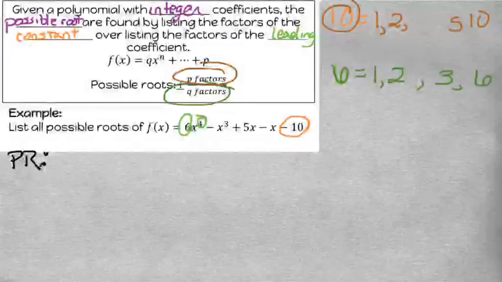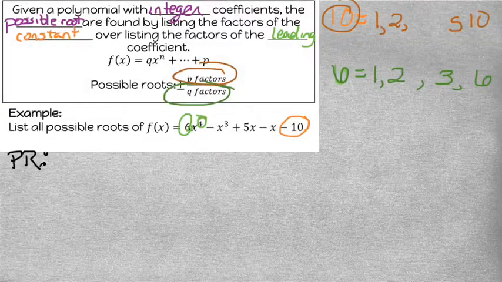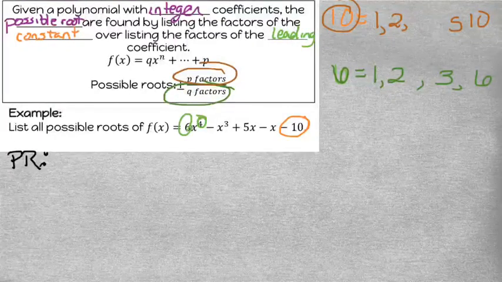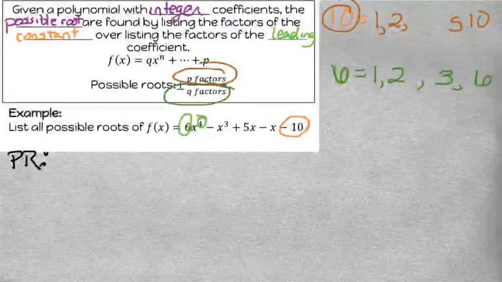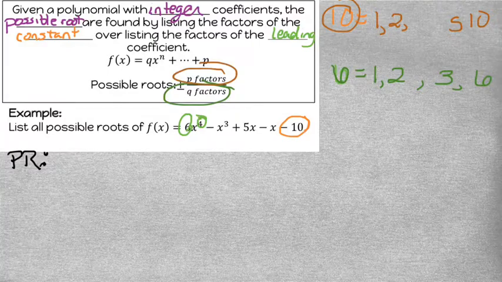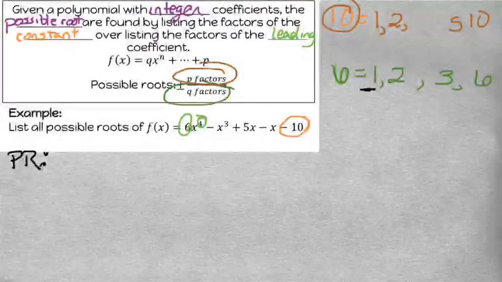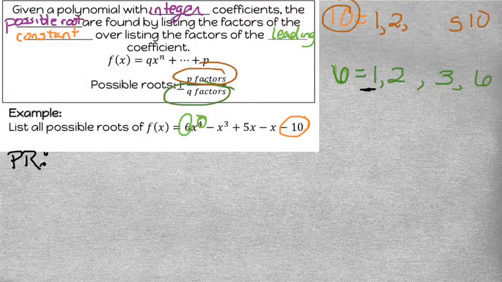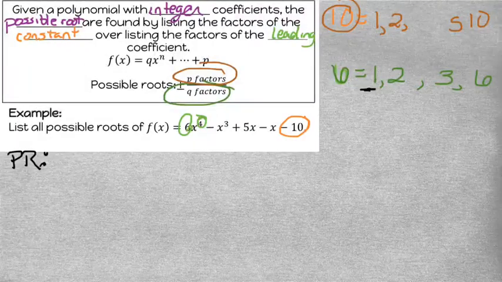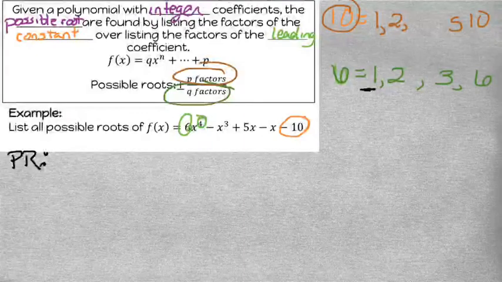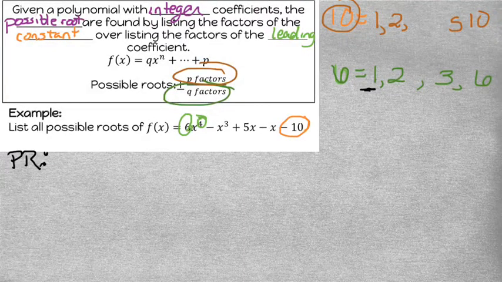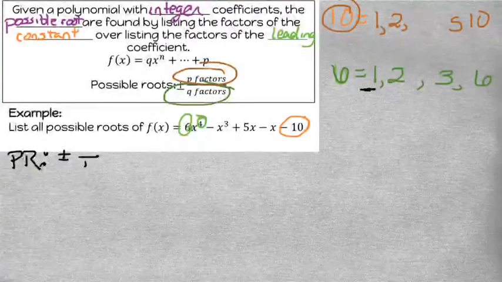And what I usually do is I choose one of the numbers and keep going with that. So I'm going to choose to do all of the ones for my leading coefficient, and I want to divide it from all of the factors of my 10. And so I'm going to go through and do my list. That's plus or minus, and it's going to be plus or minus on every single one of these.